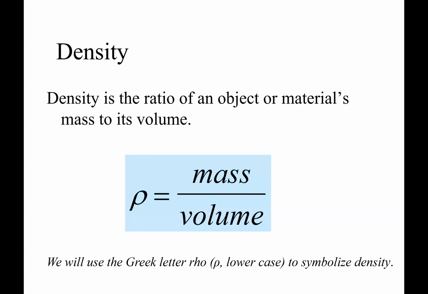To calculate the density of a Snickers bar or a pillow, all we have to do is get a fix on its mass, get a fix on its volume, and then do one little division problem. Sometimes I run into students wanting to use the letter D for density. No, we're not doing that. We're going to use Greek letters here and there, and this is one of those cases: we're going to use the Greek letter rho for density.